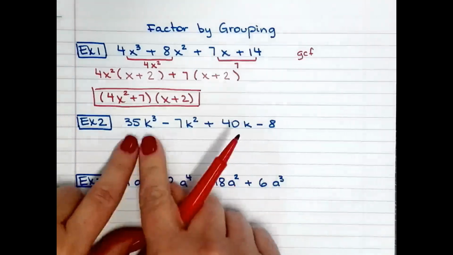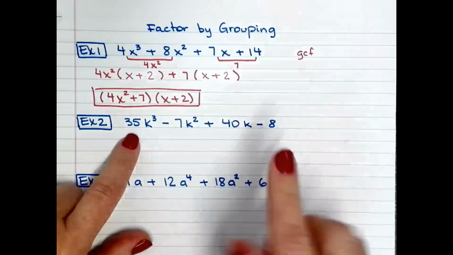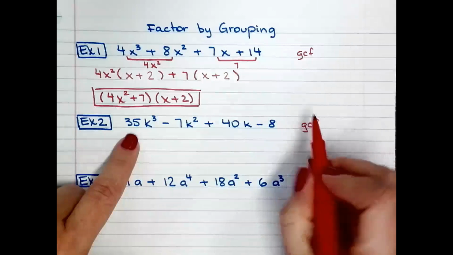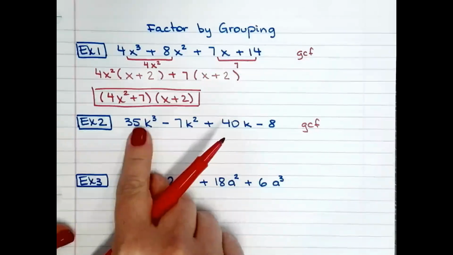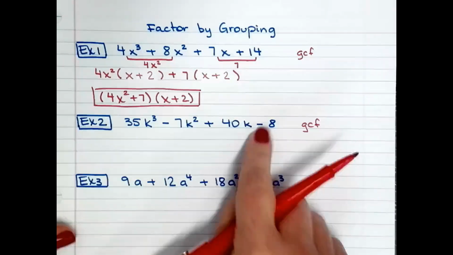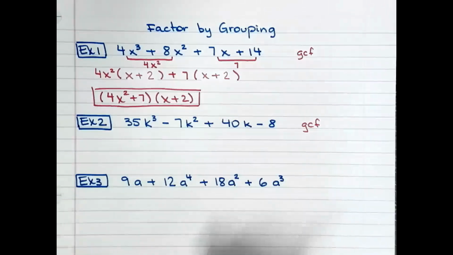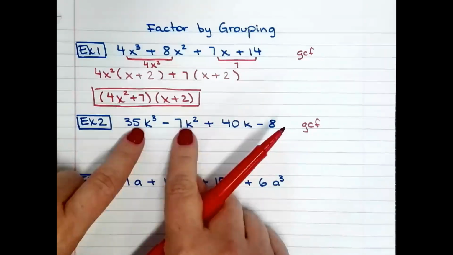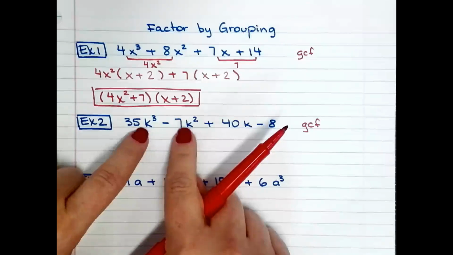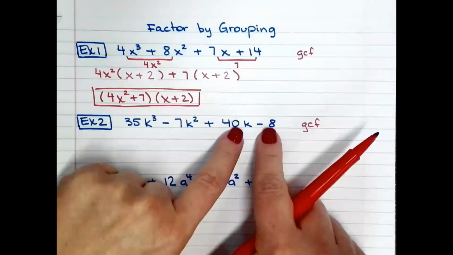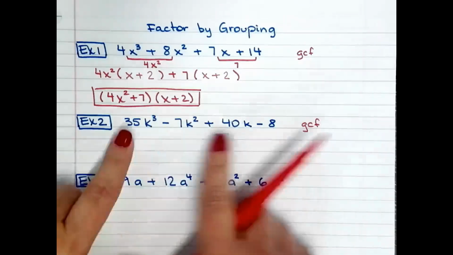Okay, again, for number 2, you always start out looking for the GCF. Since I don't have a common number for all of them, I go to the next step, which is to group them. So I'm going to find the GCF between these guys and then find the GCF between these guys.